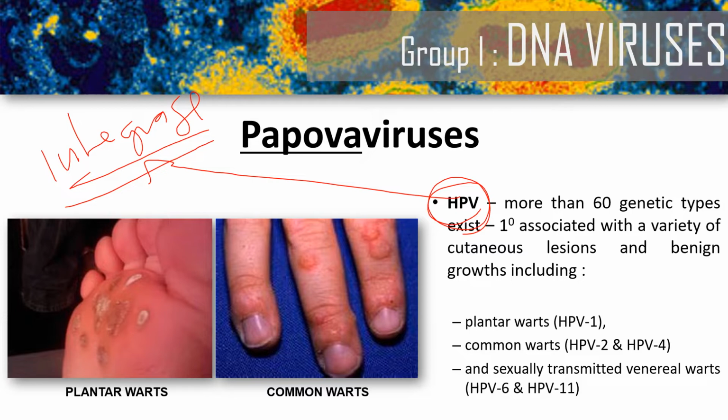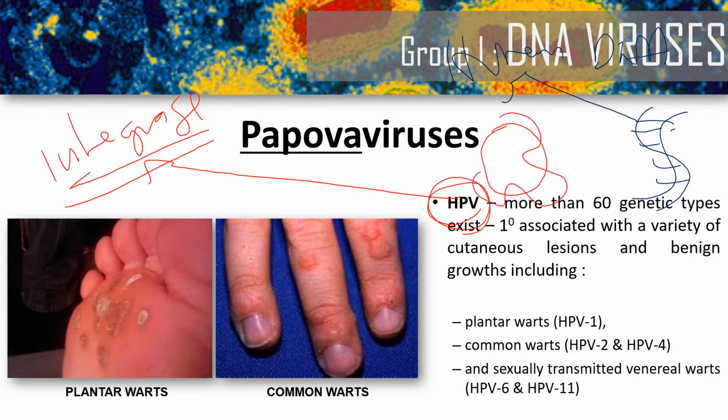So, for example, you have this. This is our DNA, human DNA. Then the virus has a circular DNA, so this is how it looks.